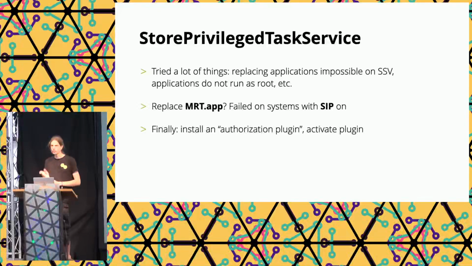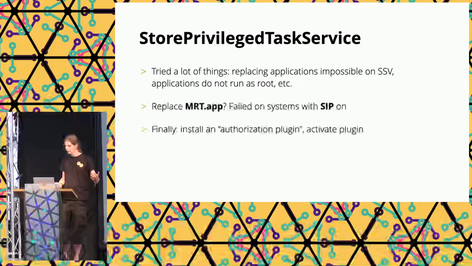Then at some point I found something that I thought could work. I could overwrite mrt.app. This is the malware removal tool, an application running on macOS that can be used to delete malware from your computer. And it can be updated independently of the rest of the system, which means it's not on the system volume. But I developed this exploit, I sent it to Apple, and then they asked me, well, does it also work if you have SIP on?